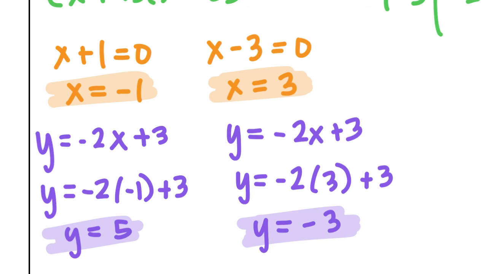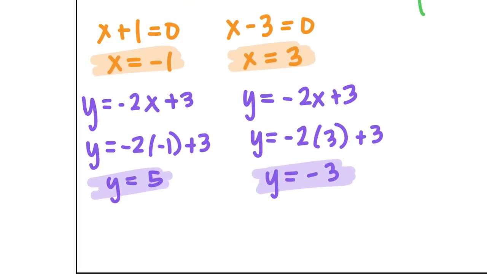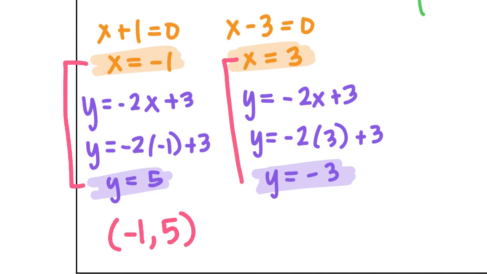So now, each of those values get paired up. This x matches with this y, making the solution -1, 5. This x matches with this y, making the solution 3, -3.